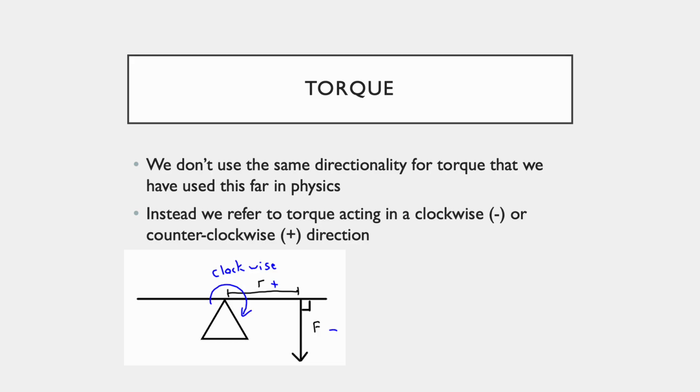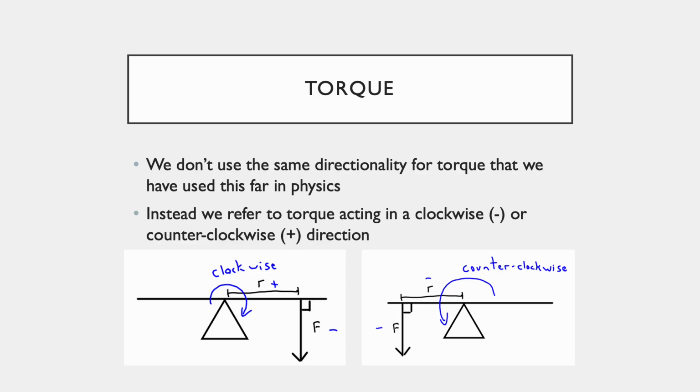Multiplying those together gives us a negative torque. So clockwise, we'd have a negative torque. Where if we look at something going counterclockwise, we would have a negative distance from our fulcrum, but also a negative force in this case. So we'd have a negative times a negative, giving us a positive torque.